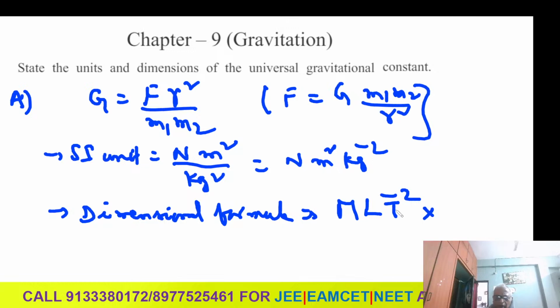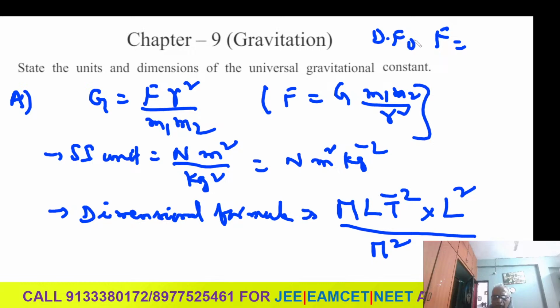Distance r means length, so L square, and kg means mass, M square. I'm explaining once again: the dimensional formula of F is M L T minus 2. If you remember force, so many quantities you can derive, because work is force and displacement, and pressure is force by area, L square. Force you have to remember.